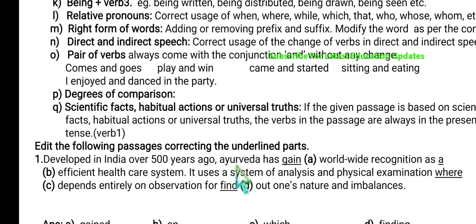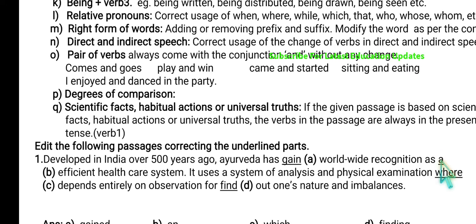So here Ayurveda has, if you look at the subject and helping verb, it is in the present perfect tense. So automatically the verb needs an ed form here. So the right answer is Ayurveda has gained worldwide recognition as an efficient. So here A is wrong.